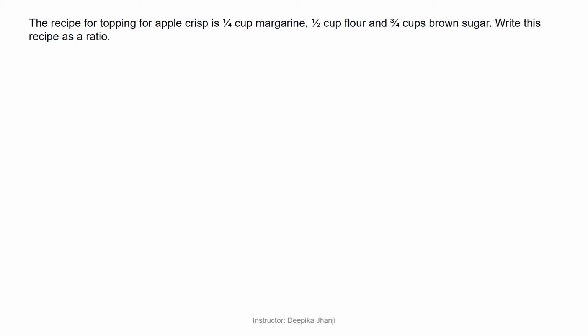In the next example, we have a recipe where we need 1/4 cup of margarine, half cup of flour and 3/4 cup of brown sugar. Write down this recipe as a ratio. Now, we have three quantities here, margarine and then flour and then sugar, right?